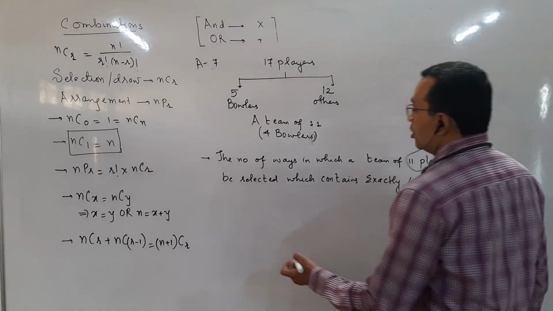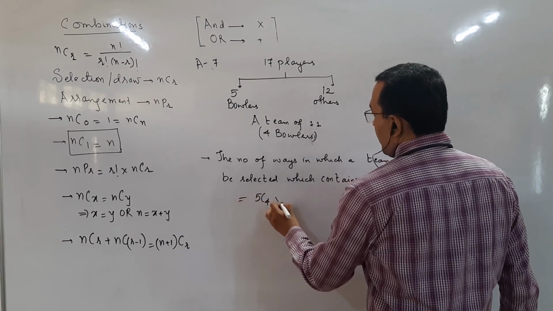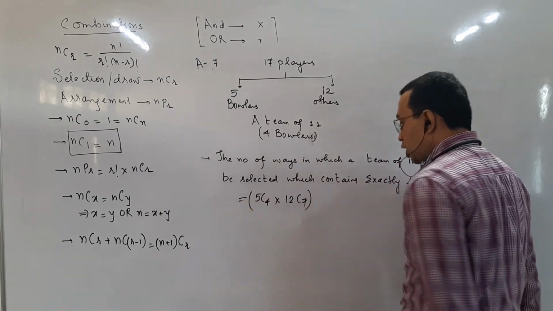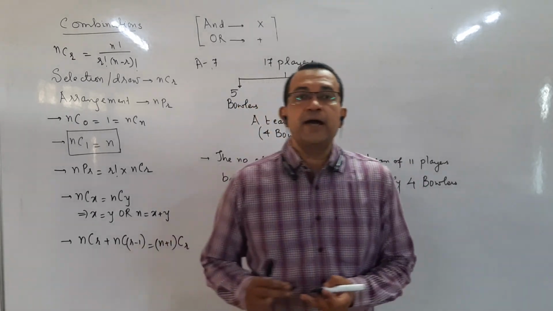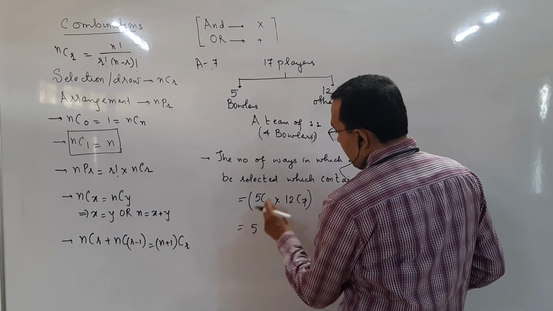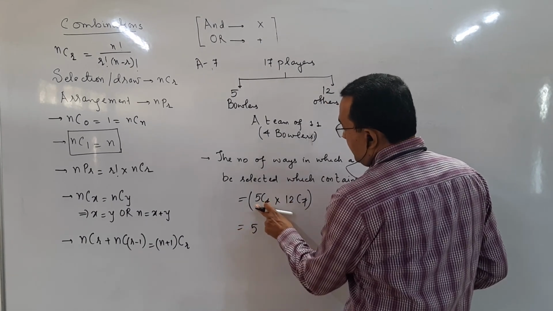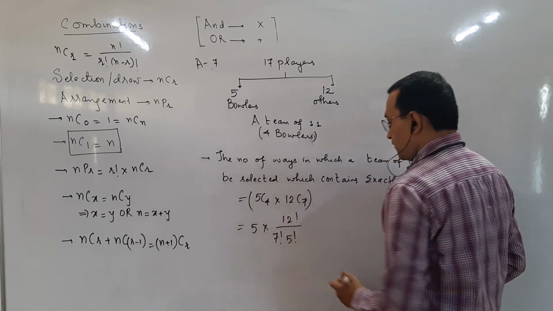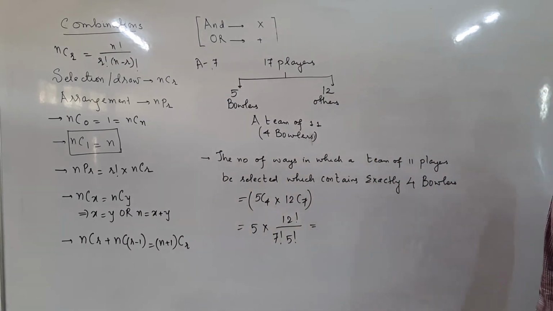The 4 bowlers can be selected from 5 in 5C4, and the remaining 7 can be selected from 12, because we do not have any condition for the remaining 7 players. Now 5C4 is 5. I just told you, when r is 1 less than n, the answer is n. This is 12 factorial upon 7 factorial into 5 factorial. Simplifying, I assume you know the simplification. The final answer is 3960 ways.